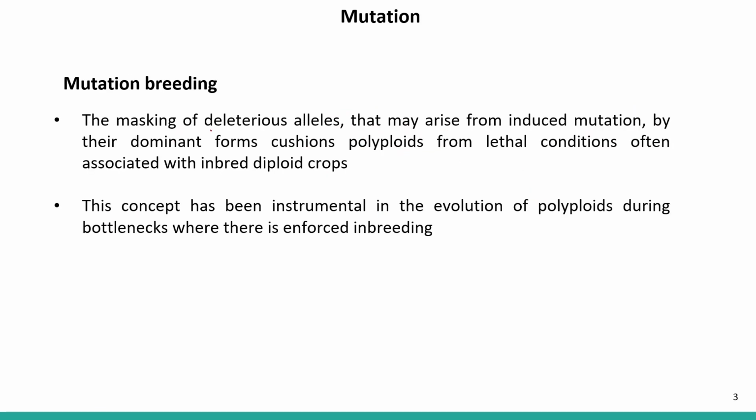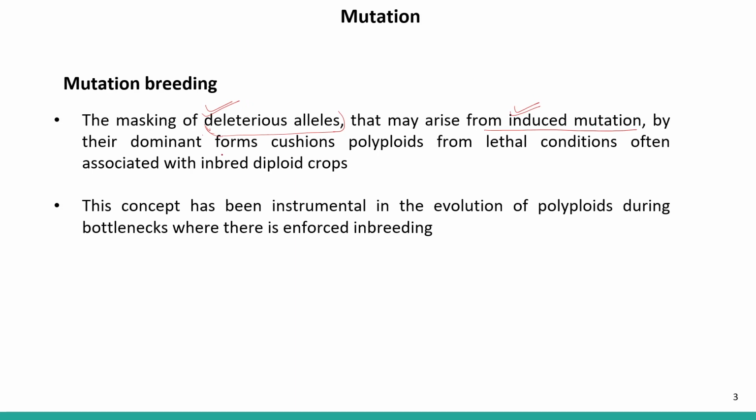The masking of the deleterious alleles, meaning the alleles which are not useful for the plants, can arise from induced mutation. So the alleles of a gene that are not useful for the plant get masked by induced mutation.